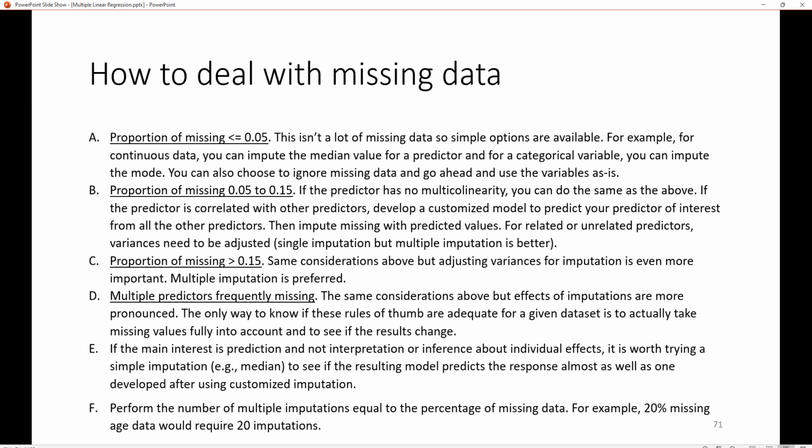And if we have about 20% missing data, for example age data, then it would require 20 imputations. So for every percentage of missing data, we'd want to have one imputation. 10% missing for age, we'd want to do 10 imputations. And we'll go over that more when we get to our case studies.